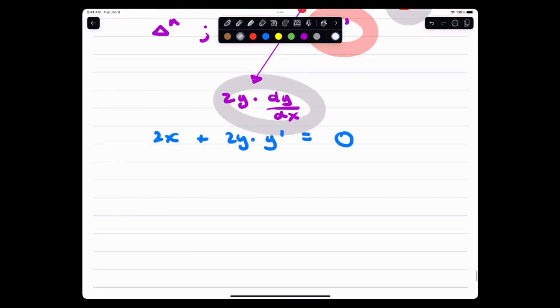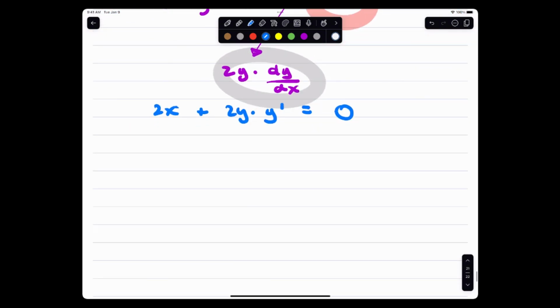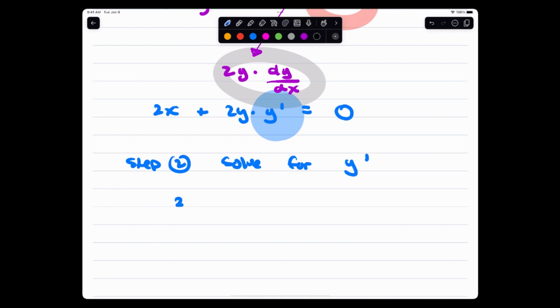Okay. Now here's the second part. That was step 1. Step 2. It's really a two-step process. You solve for what? Y prime. Y prime's right here by the chain rule. So how would you guys solve this for y prime?